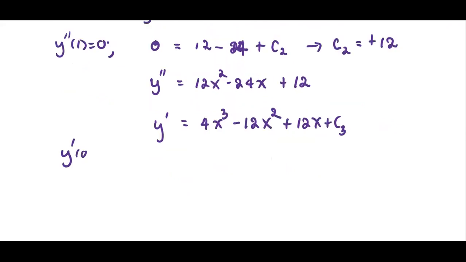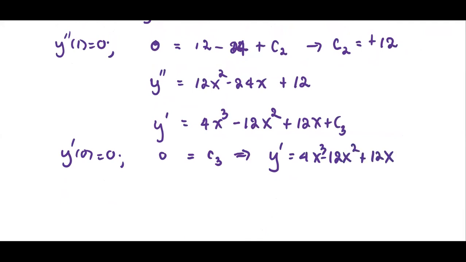Since y prime at 0 equals 0, c3 equals 0. That simplifies y prime to 4x to the third minus 12x squared plus 12x. Do one more antiderivative to get y, the deflection function: y equals x to the fourth minus 4x to the third plus 6x to the second plus c4.